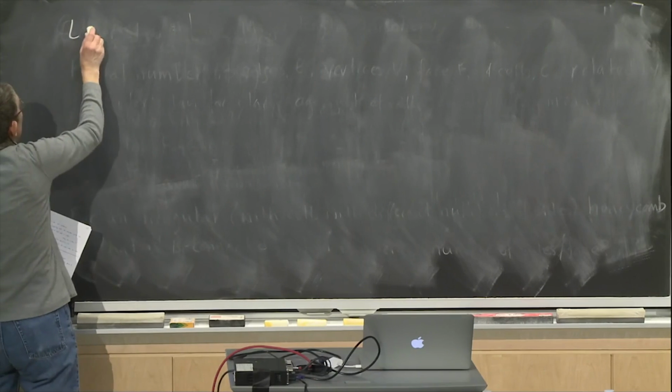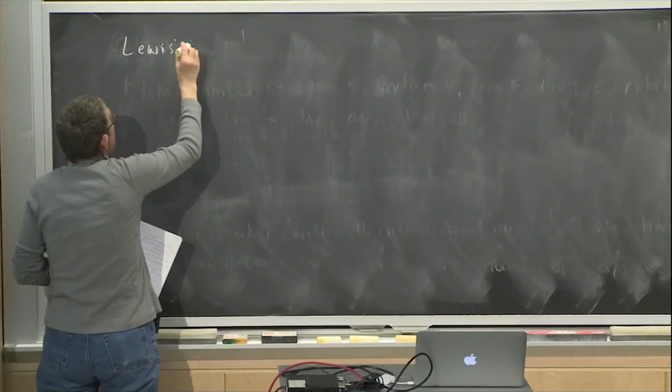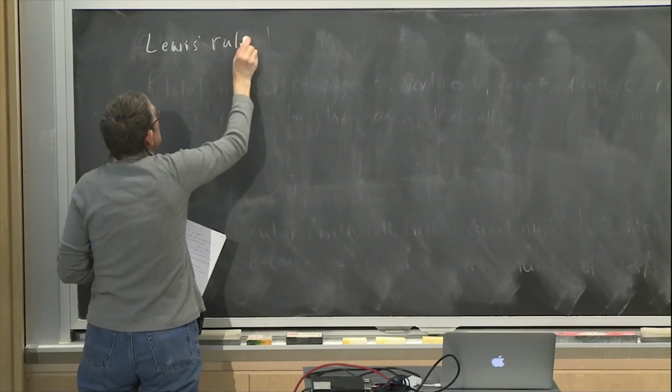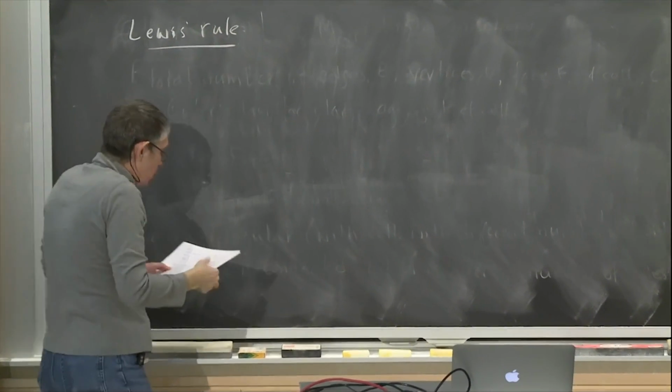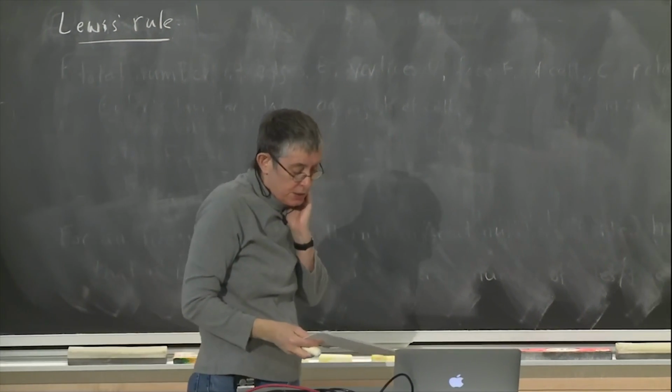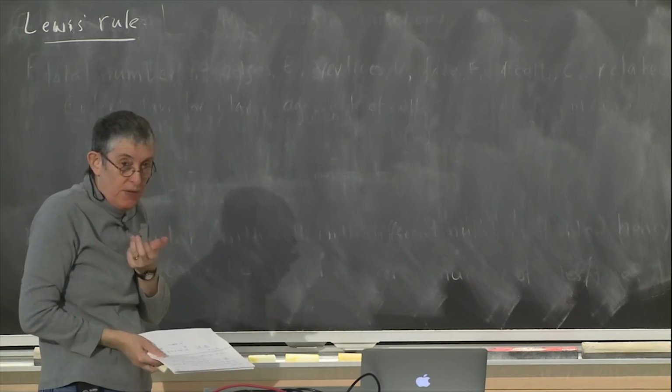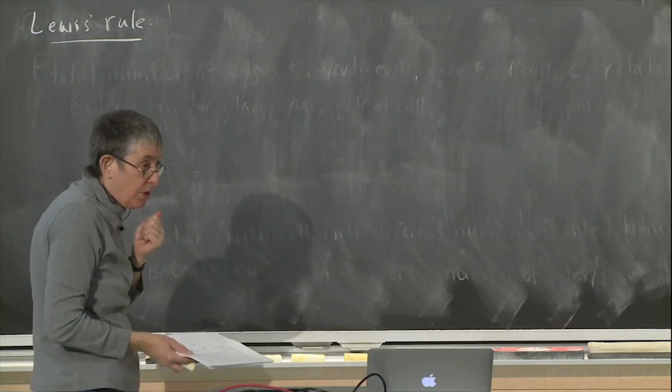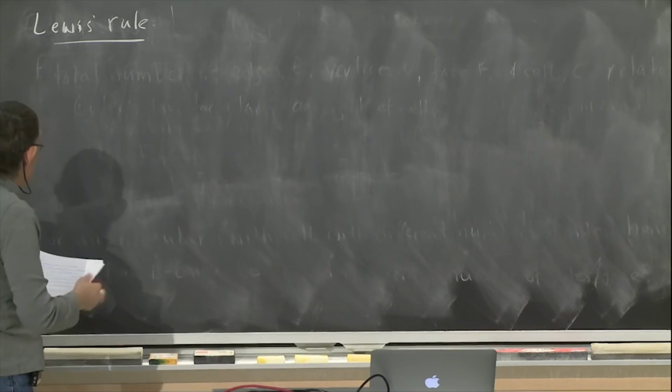And the last one's called Lewis's rule. And Lewis looked at biological cells and 2D cell patterns, and he found that the area of the cell varied linearly with the number of the sides.